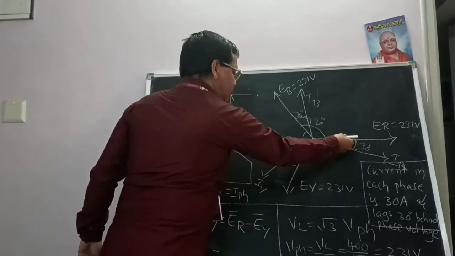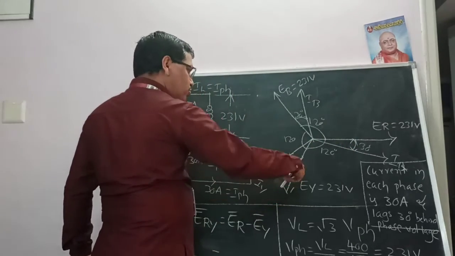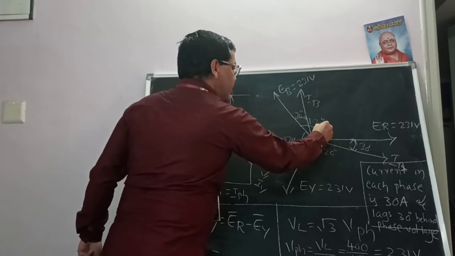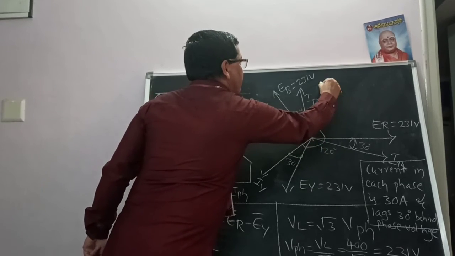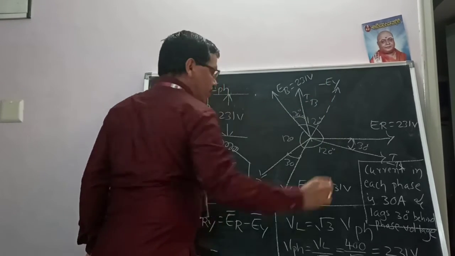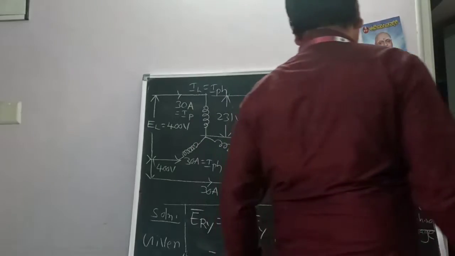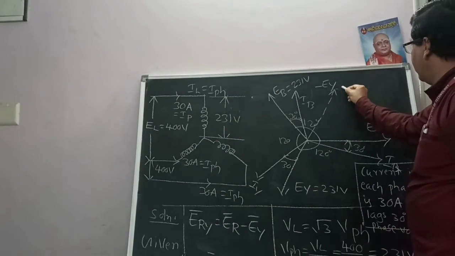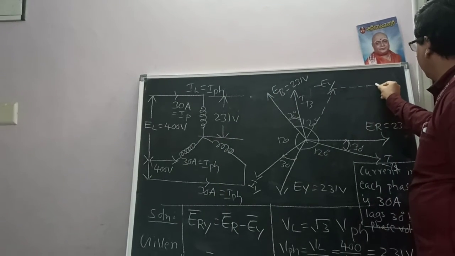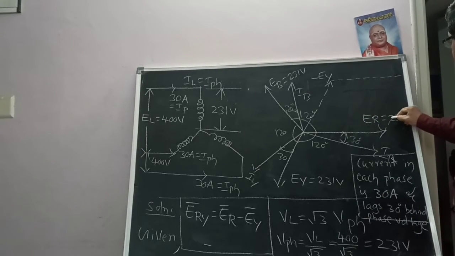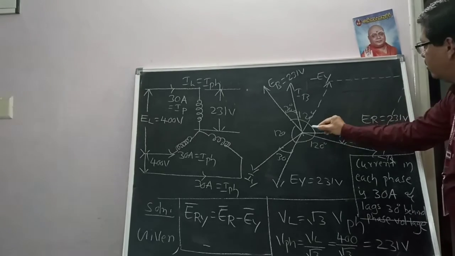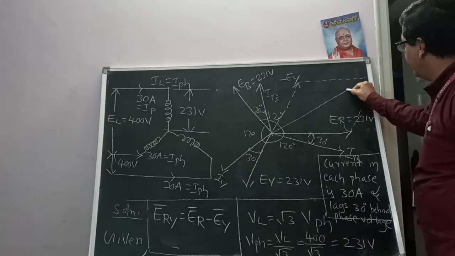ER is already here, and EY is here. So you need to proceed with this minus of EY like this. You need to extend this according to the law of parallelogram principle, like this, then this. So the resultant is ERY.